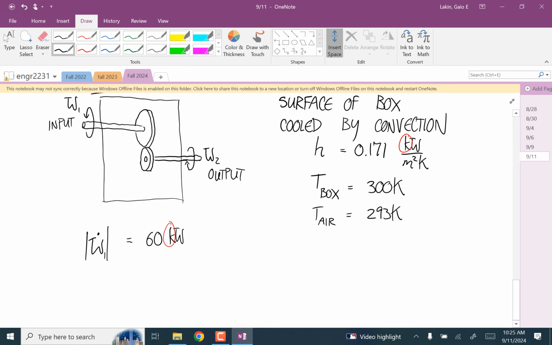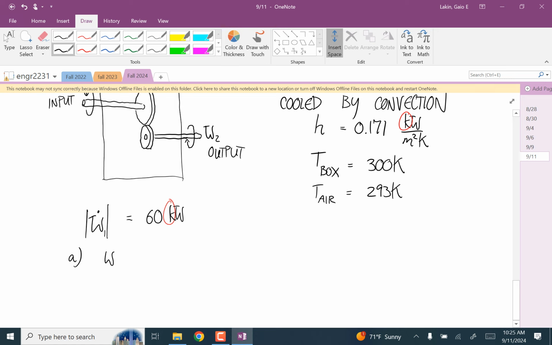Okay, so here are the questions. What's the rate of heat transfer from convection?